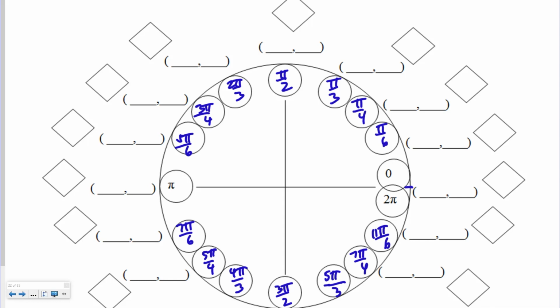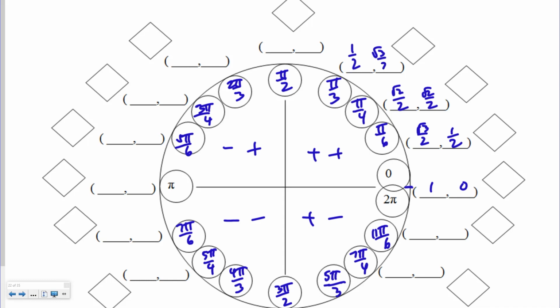So this is going to be 1, 0. We said this was square root of 3 over 2, 1/2. This is square root of 2 over 2, square root of 2 over 2. This, remember, is plus, plus, minus, plus, minus, minus, plus, minus. This right here is going to be 1/2, square root of 3 over 2.